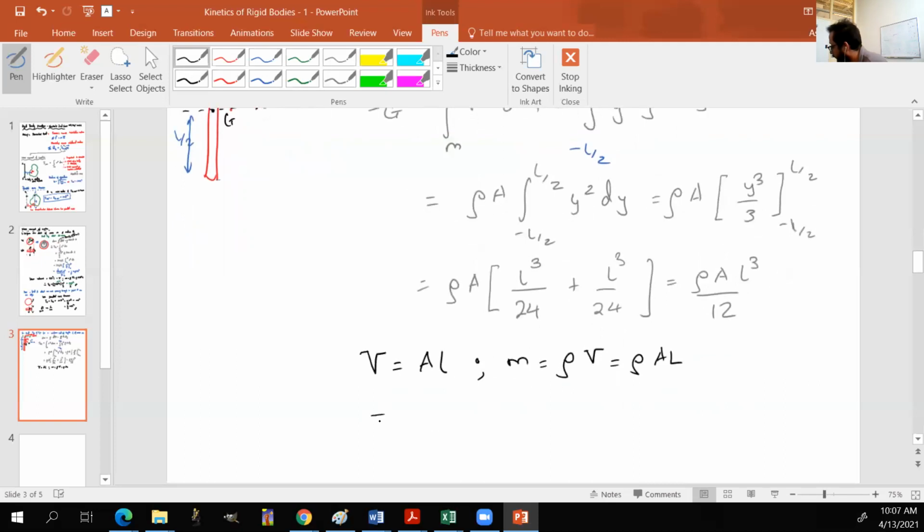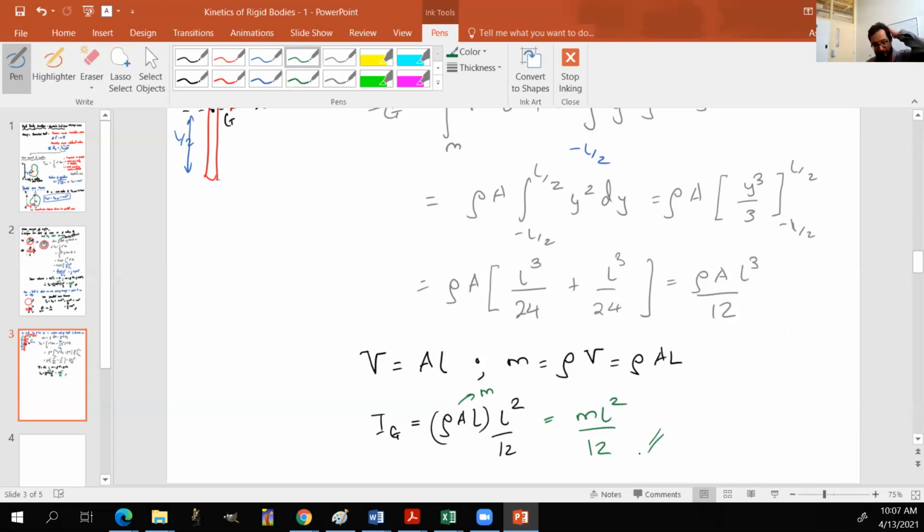Therefore, your IG is equal to rho AL times L squared over 12. That's M. So you just get ML squared over 12. And this is the rotational inertia about an axis passing through the mass center of a rod.